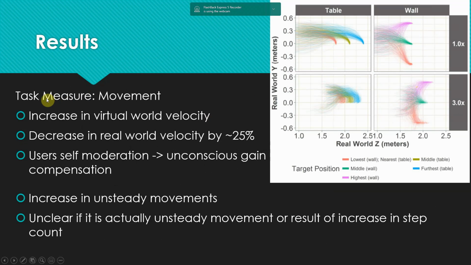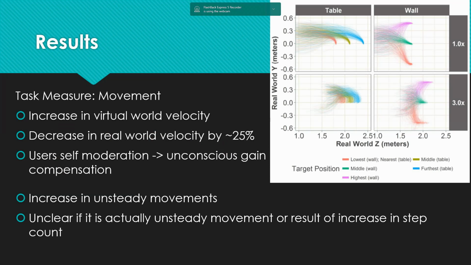For movement, there is an increase in virtual world velocity, which is obvious because the person is moving a greater distance in the virtual world in the same amount of time. But they also noticed a decrease in real world velocity, a 25% decrease.